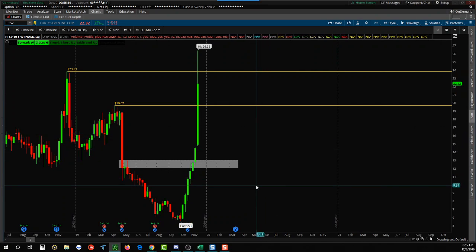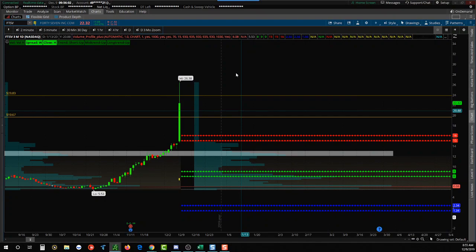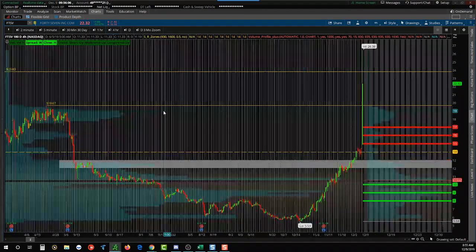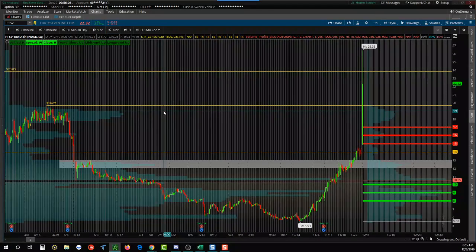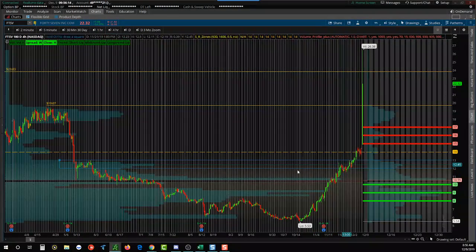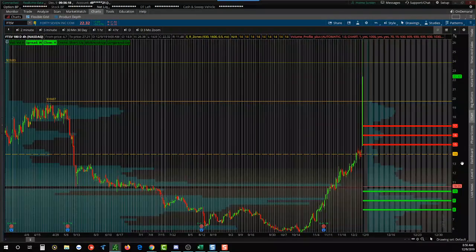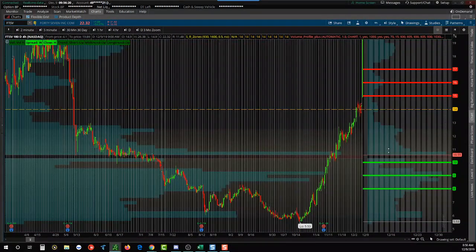It's an impressive move. What we didn't get out of this thing is a handle in this cup. A tiny, tiny little handle, to be sure.